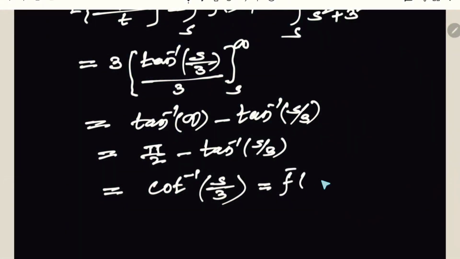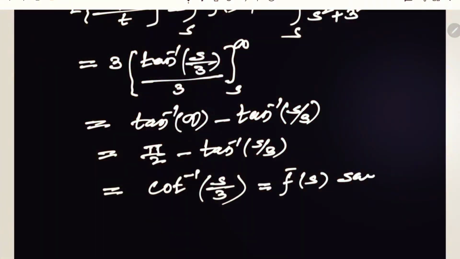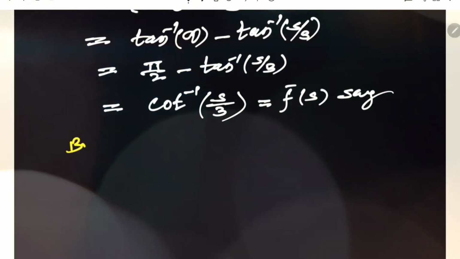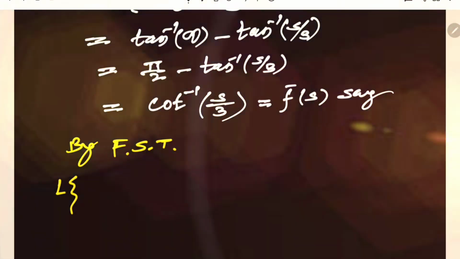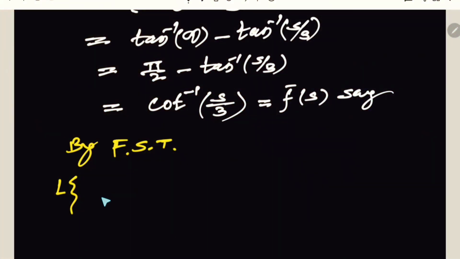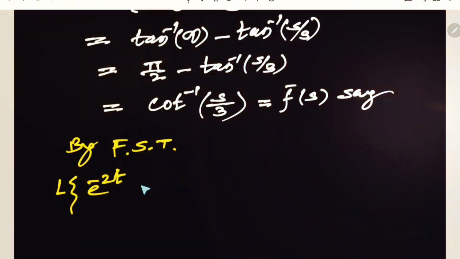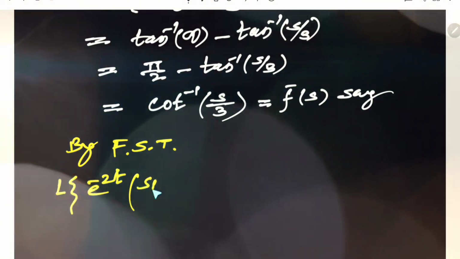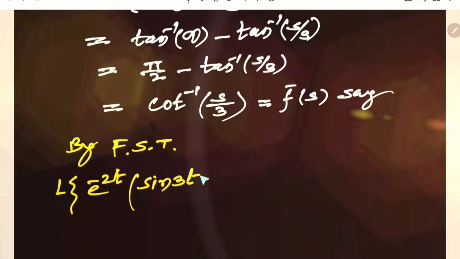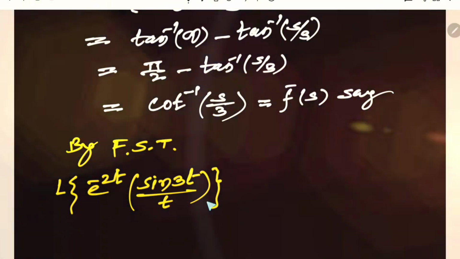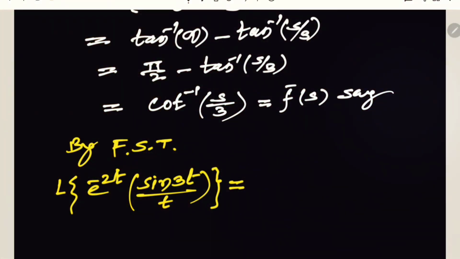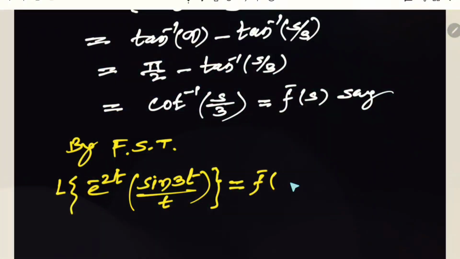Then, applying first shifting theorem. By first shifting theorem, Laplace transform of e raised to minus 2t sin 3t divided by t, replacing s by s plus 2, therefore f bar of s plus 2.